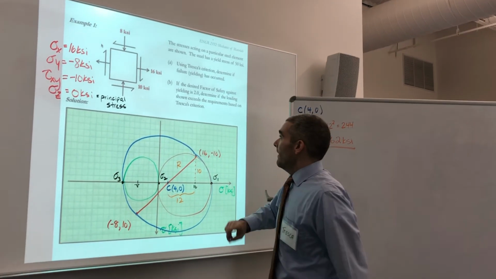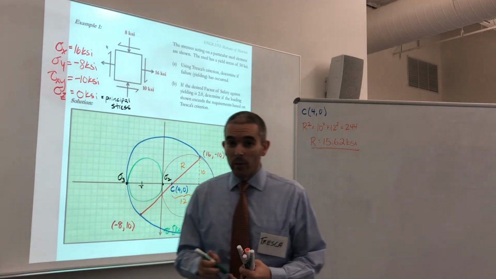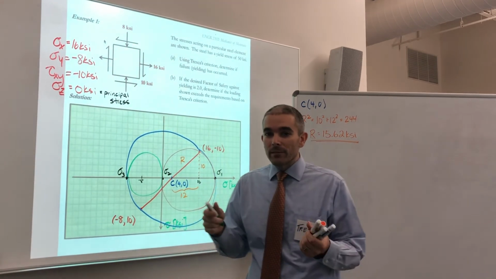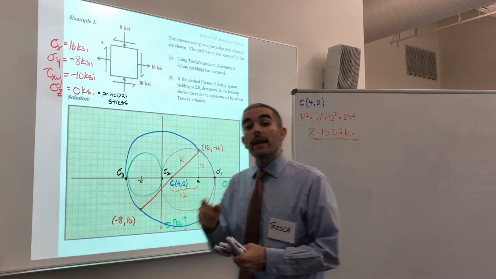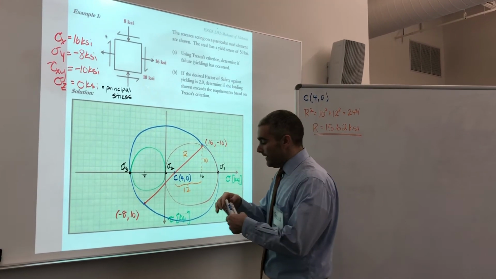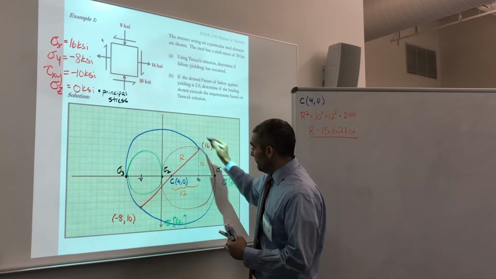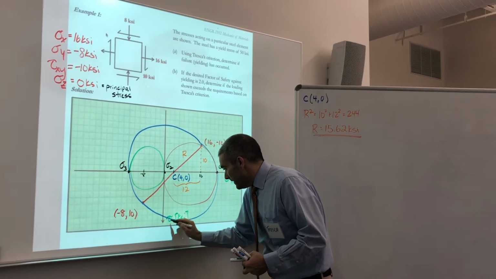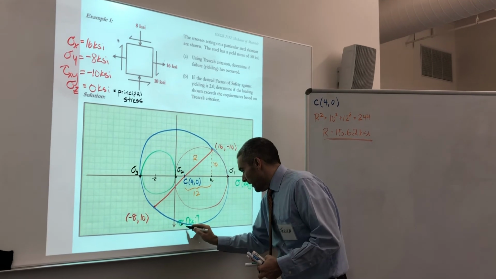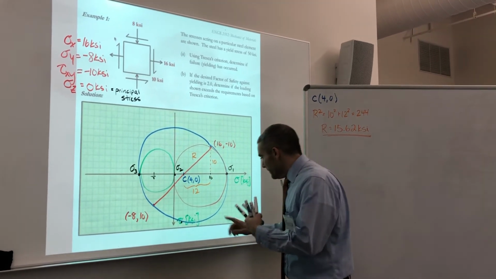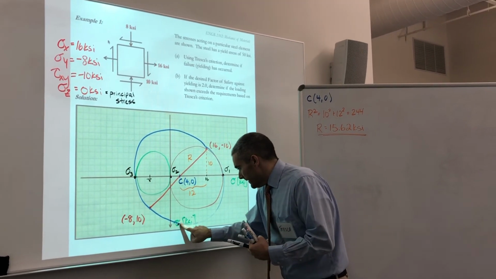Now, for Tresca's criterion, we need to determine what the absolute maximum shear stress is. The absolute maximum shear stress, as it falls on this circle, is going to be on this blue circle below the center. And this should be the lowest point. So maybe my blue circle has got a slight skew to it.